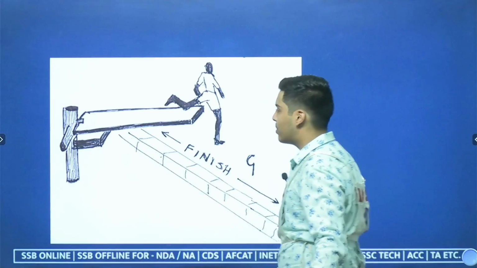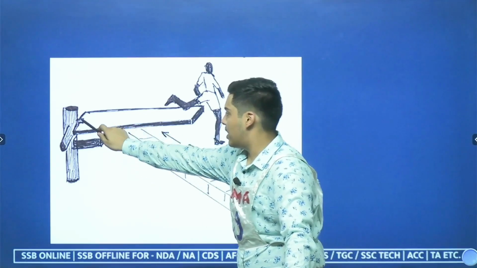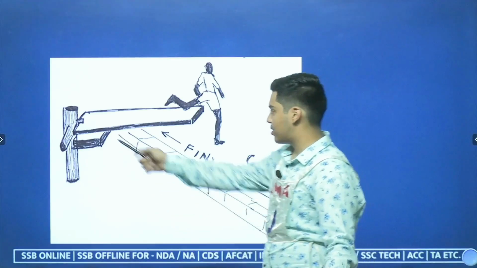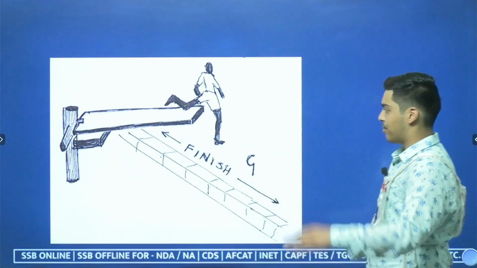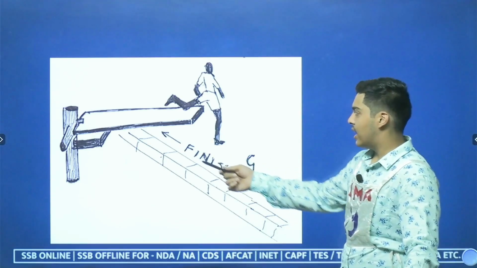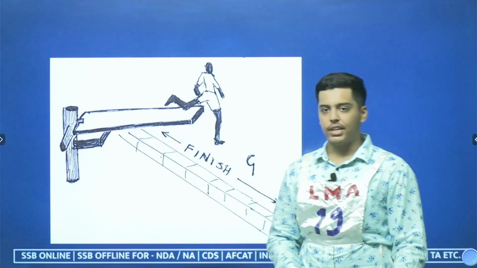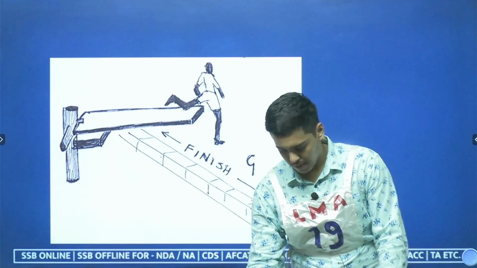So we'll keep a plank on this platform and balance it on the top from this projection which is already given in the structure. It will create a way for the last person to pass on to the finish line, and hence our task would be completed with all the resources in hand. Thank you very much.